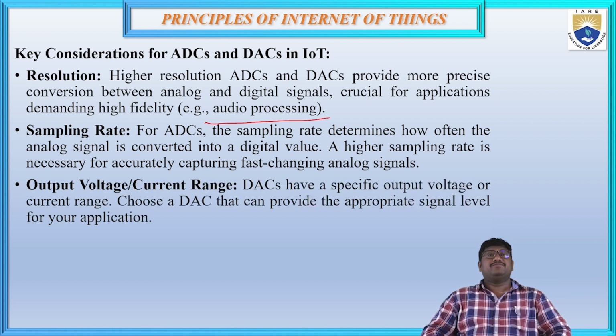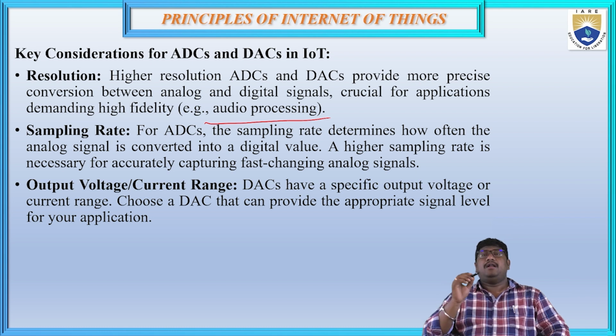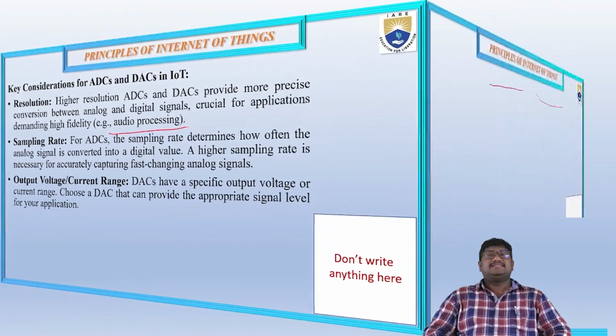Resolution: high resolution ADCs or DACs provide finer conversion between analog and digital signals, which is very crucial in high fidelity audio processing. Coming to sampling rate, for ADCs the sampling rate determines how often the analog signal is converted into a digital signal. And for the output, DACs specify the output value with the appropriate signal level.